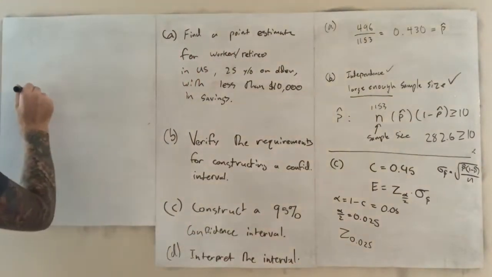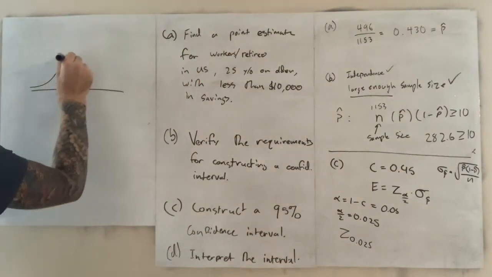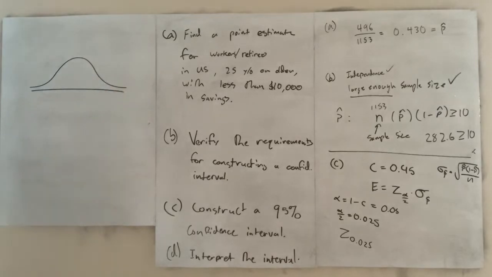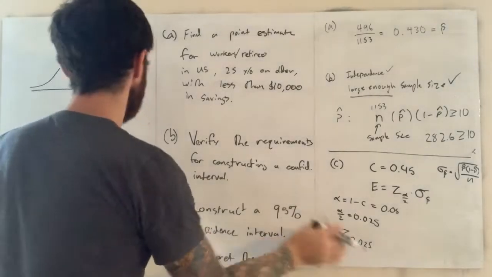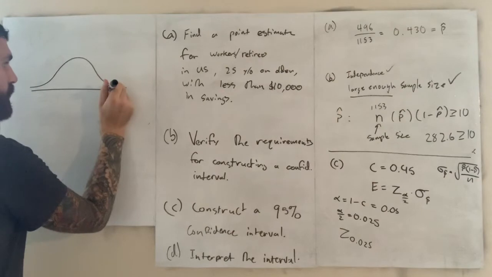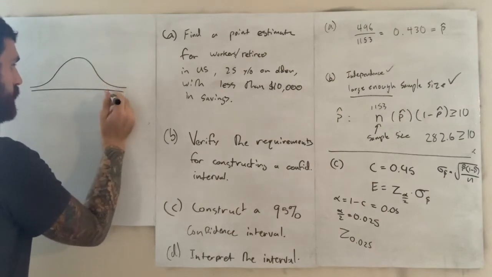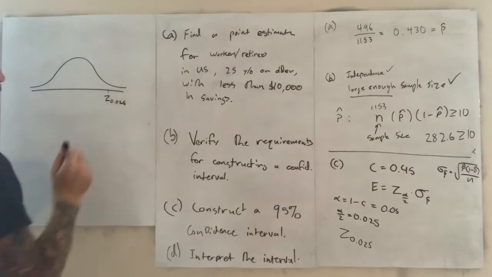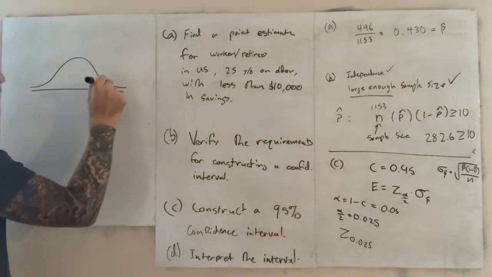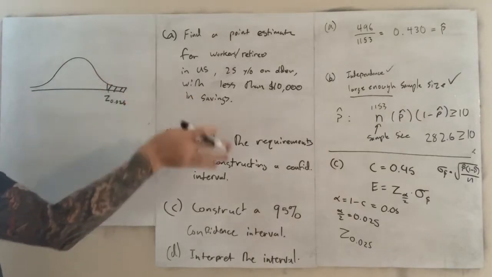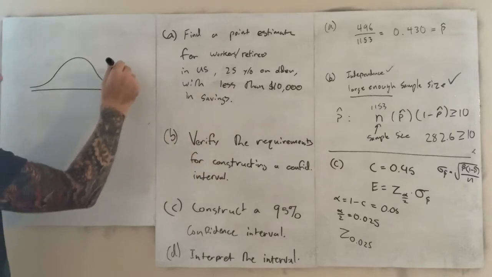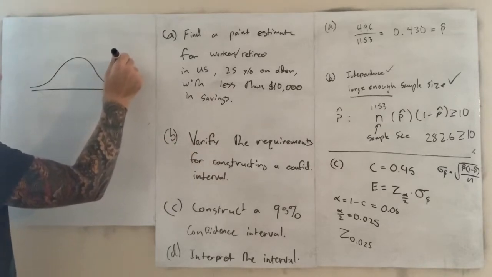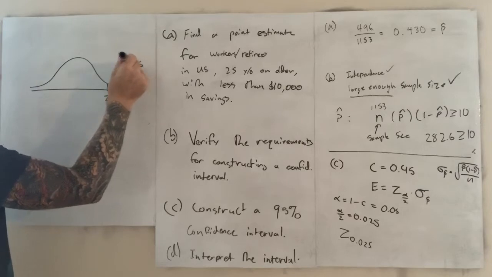If you look at the standard normal distribution, it's going to be the z value where, to the right of that value, this area is 0.025.